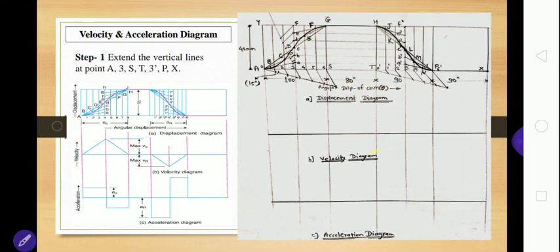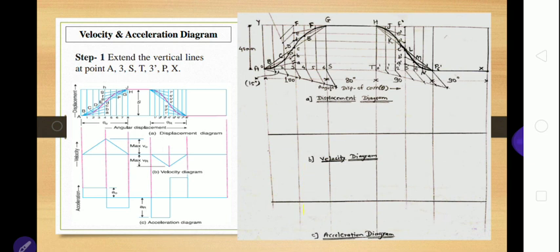Just we have to extend these lines, that is A line, S line, T line, P line, and this third line, and here also third line, that is maximum velocity during outstroke line, maximum velocity during return stroke line.